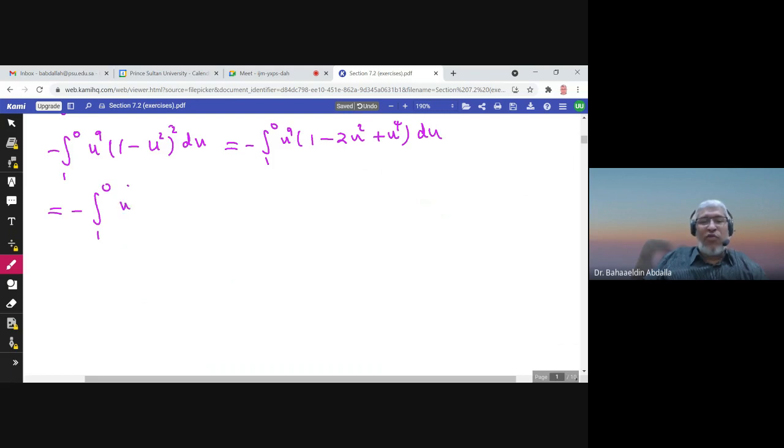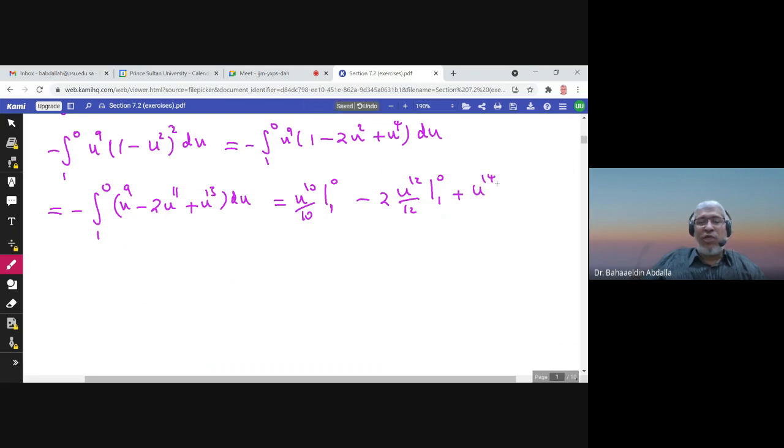So I'll have u to the power 9 minus 2 u to the power 11 plus u to the power 9 plus 4 is 13 times du. And I'll have u to the power 10 over 10 from 1 to 0 minus 2 u to the power 12 over 12 from 1 to 0 and plus u to the power 14 over 14 from 1 to 0.